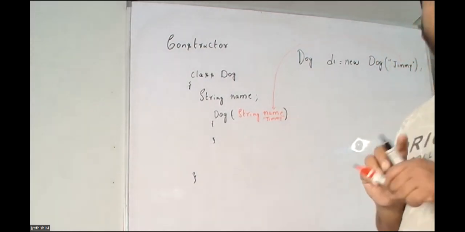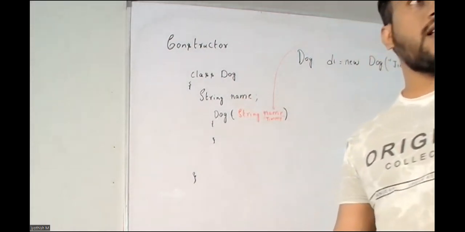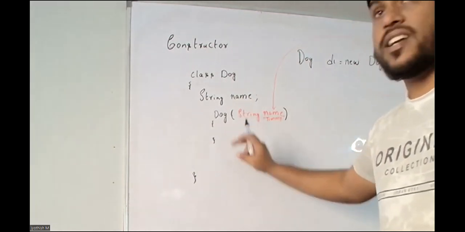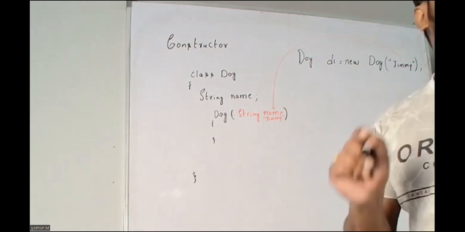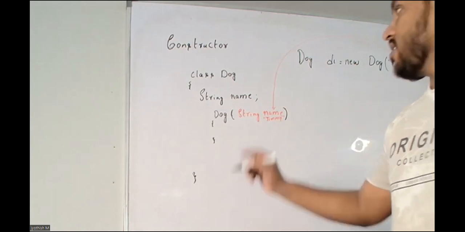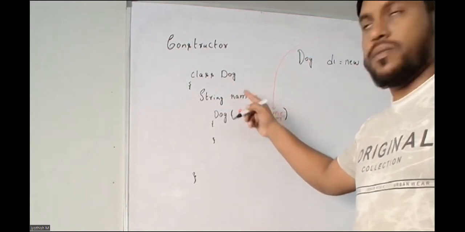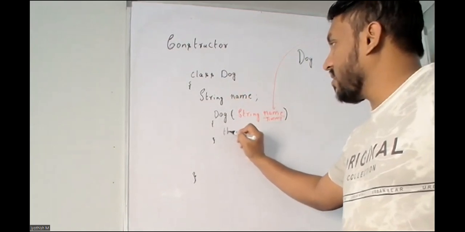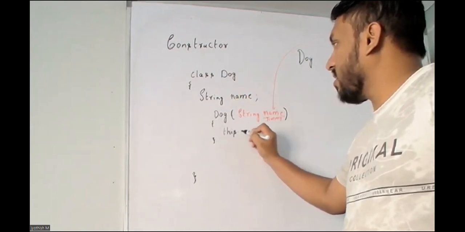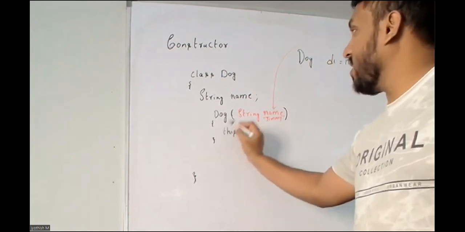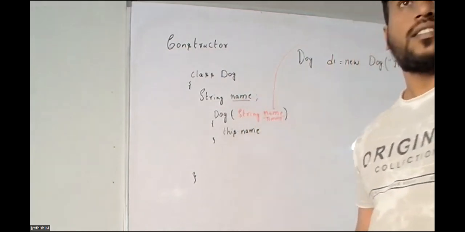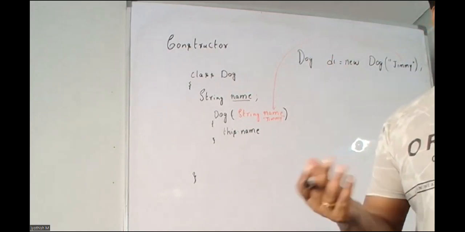Remember that. Now this global variable, if you want to access it inside the constructor, we use a keyword called this. So if you want to call this name, you need to write this dot name. It represents the non-static variable.